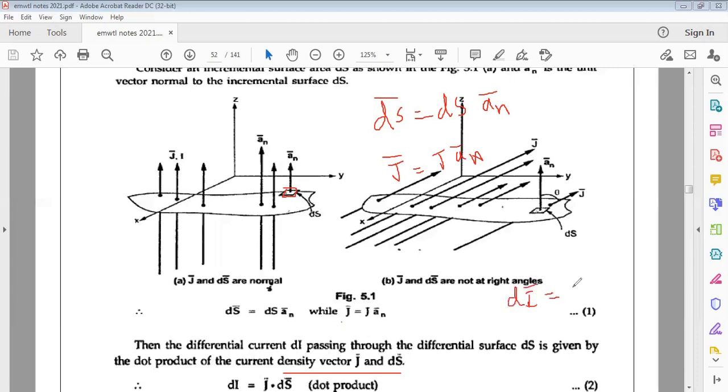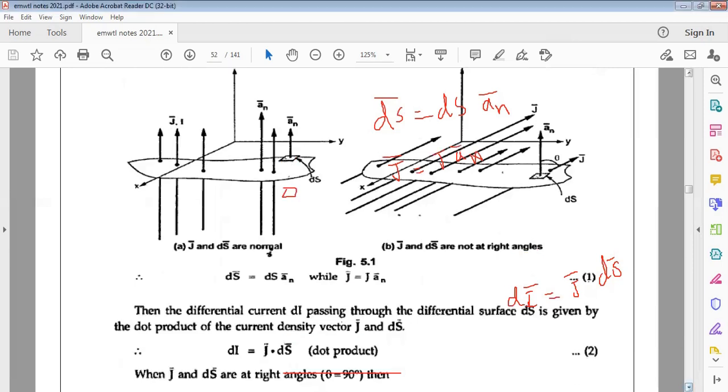So di is equal to J bar dot ds bar. This is the relation between current density and the current.